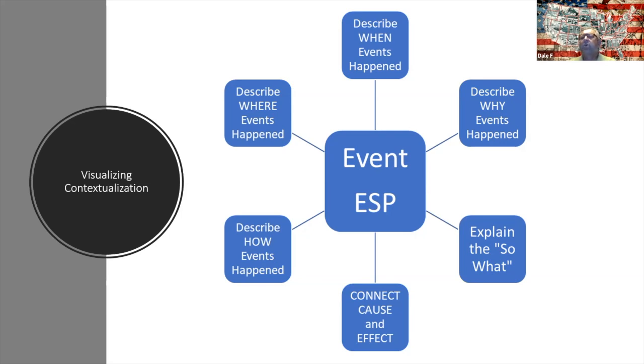Why are the Federalists so important? What is the so what? Why did the Federalists do what they did? When did the Federalists do what they did? Where was the Federalist stronghold in the American colonies during the constitutional period? And how did the Federalists go about convincing the anti-federalists and others to ratify the United States Constitution. So we'll be referring to this chart much more later as we begin to prepare more and more for the writing on the national exam.